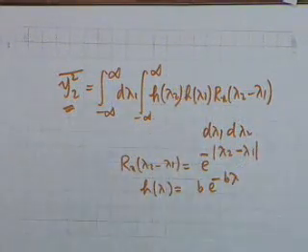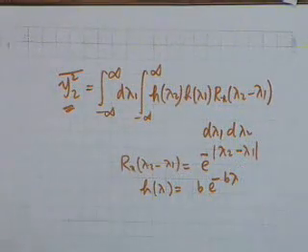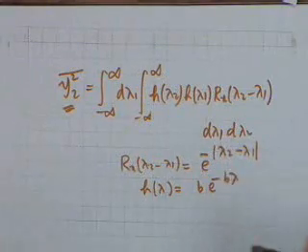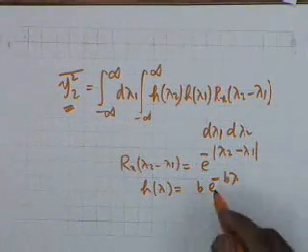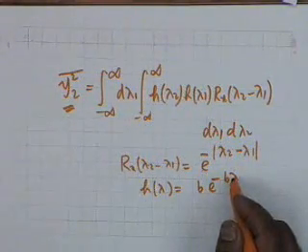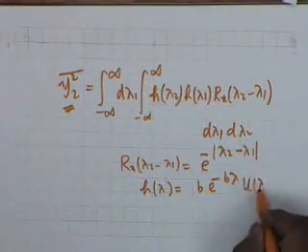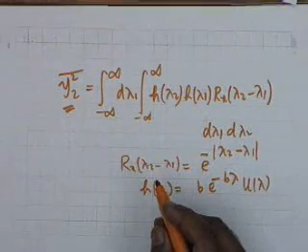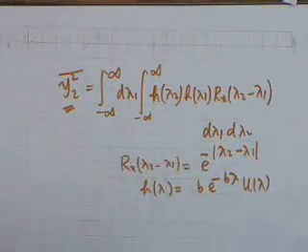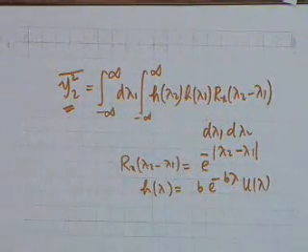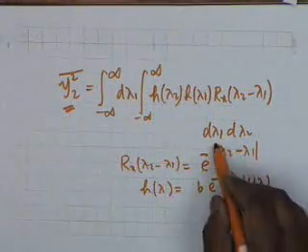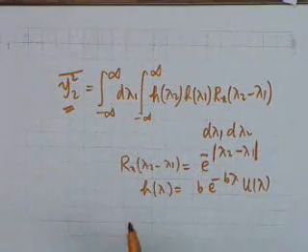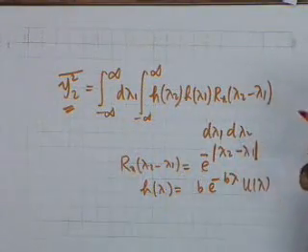Why? You cannot do it blindly because h is b e to the minus b lambda times u lambda, and therefore the integral shall be from 0 to infinity. The lower limit shall be 0, but it is not that care which I am asking you to exercise. I am asking you to exercise care because of this mod.